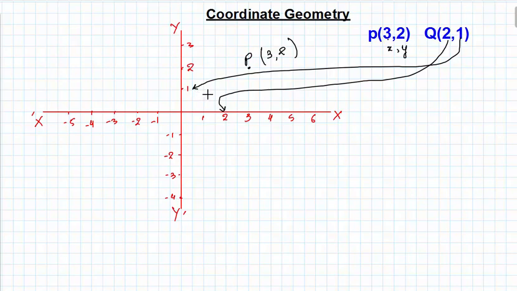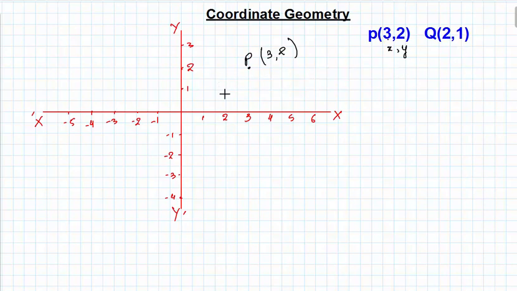The point Q is here. It means this is point Q, because these 2 lines intersect at that point. I'll write down here point Q with coordinates 2, 1.